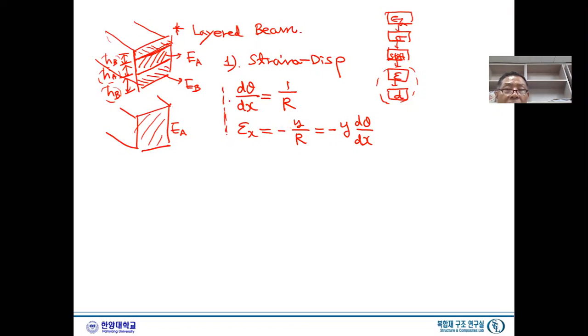In other words, these strain displacement relations will equally apply to here and apply to here. So this strain displacement relation has nothing to do with the number of layers. Okay, which is very important.